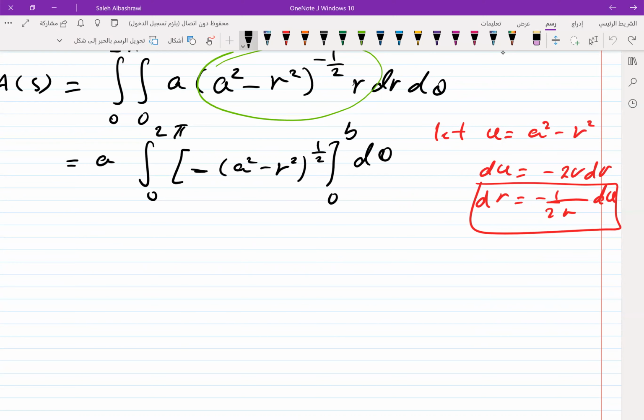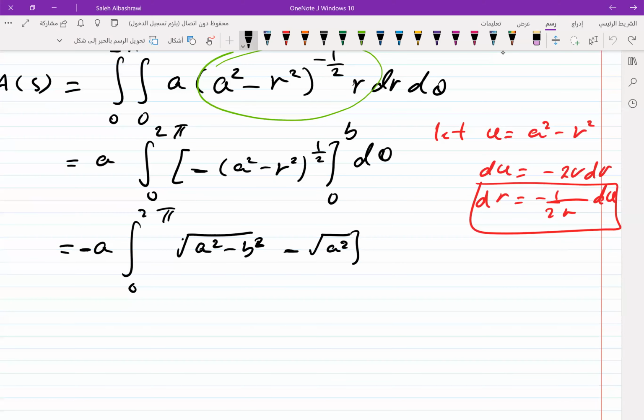When r equal to 0 and when r equal to b, we will have a multiplied by the integration from 0 to 2 pi of, let me take this negative outside, minus a outside, the square root of a squared minus b squared, minus, now replacing r by 0, only the square root of a squared, d theta.